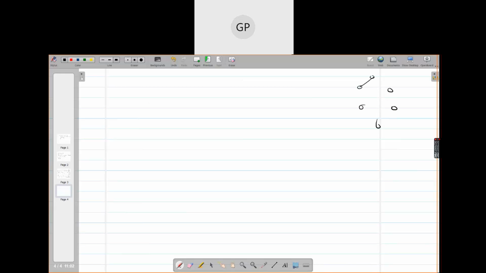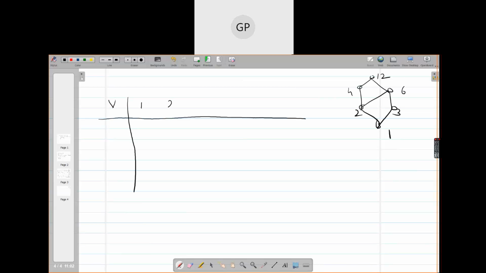Okay, let us move to the join table. I'm again drawing the diagram for your reference. 1, 2, 3, 4, 6, 12. So let us prepare the join table now. 1, 2, 3, 4, 6, 12.